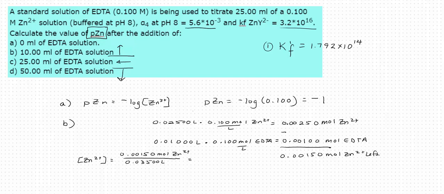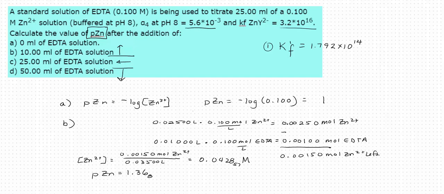And there's a concentration of zinc of 0.0428, and then I have a 5.7. It keeps going, but I'm going to leave this in my calculator. So I take the negative log of this value. So the pZn at this point is not negative. It's a positive 1.36, and then I have an 8. It needed to be a positive.